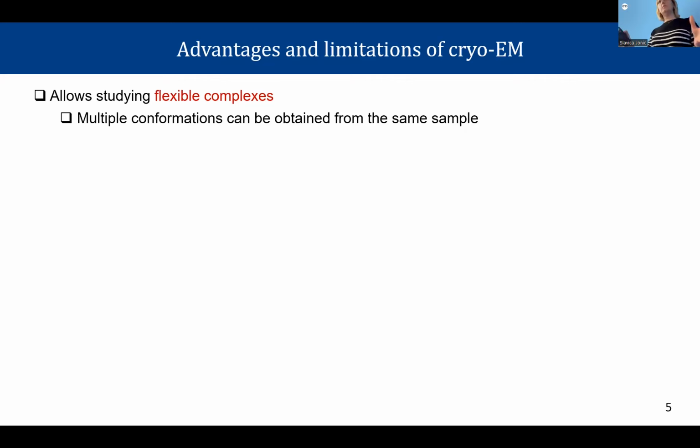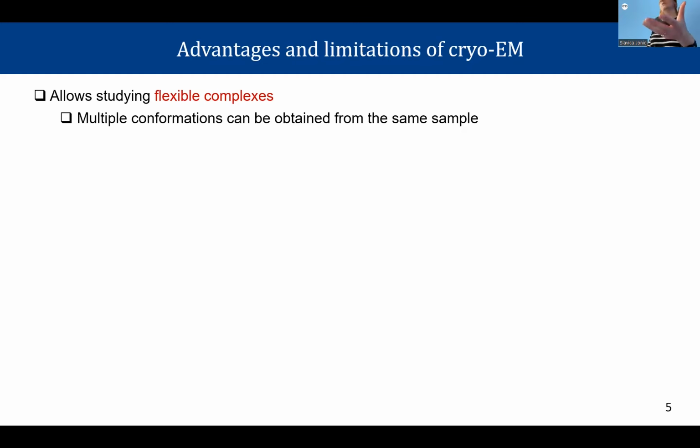In cryo-EM, from the same sample, you can get different conformations. Ten years ago, or maybe more, this was presented as a problem, not as an advantage. Today, we speak about an advantage, because structural biologists would like to get the full conformational landscape of one particular complex. Why?